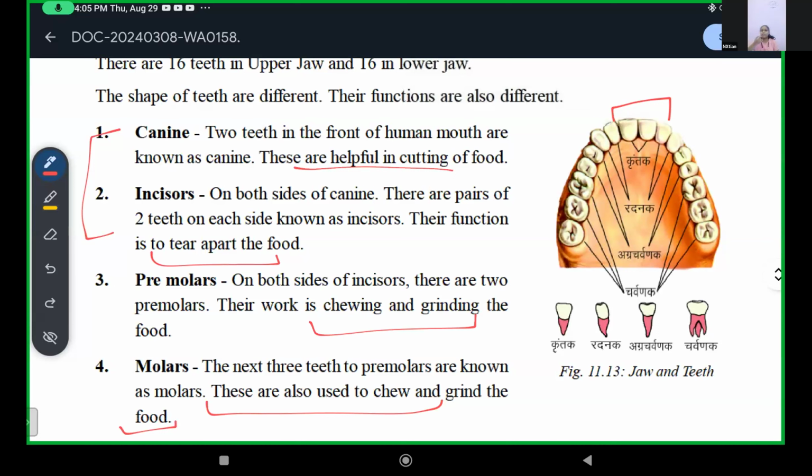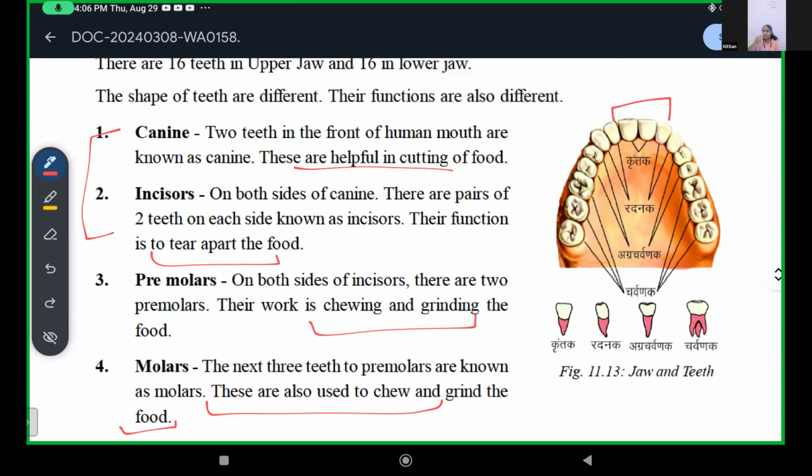Have you ever seen when we are eating something, first we cut it through the front teeth, right? When we're taking a bite of a cookie or a biscuit, we use the front teeth to take a bite. We don't insert the whole big cookie behind the mouth and take the bite from the molars. We take a small bite from the front ones, to cut the food.